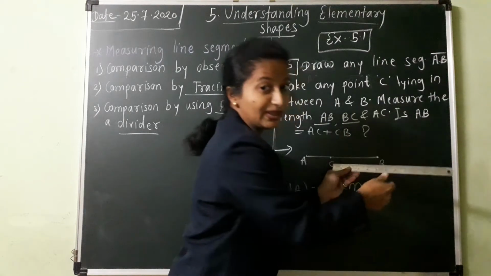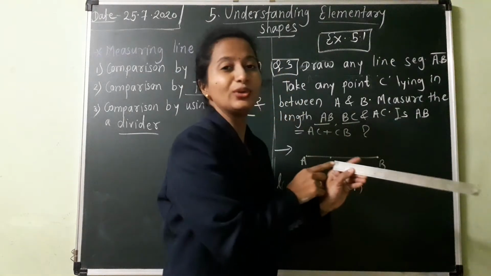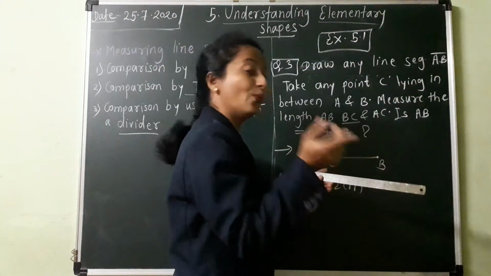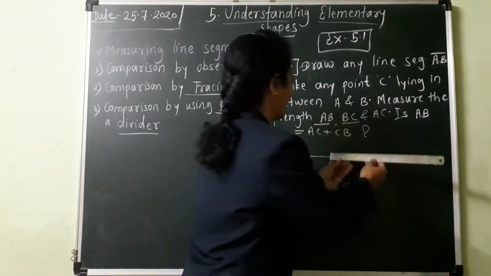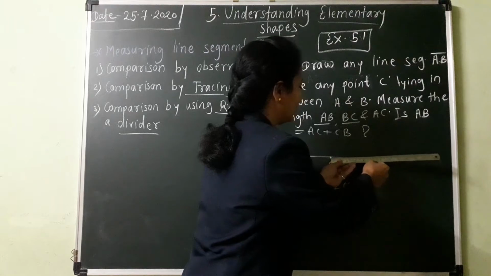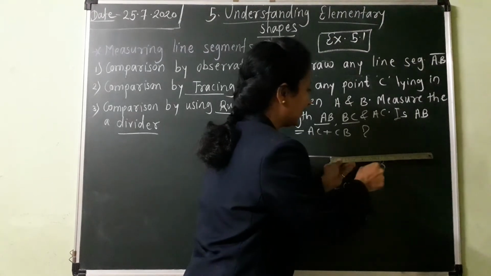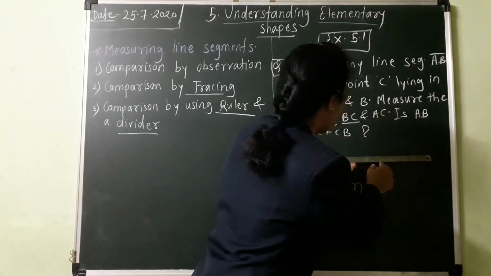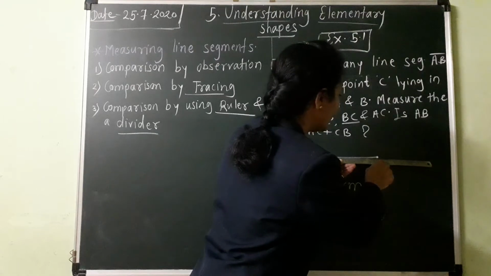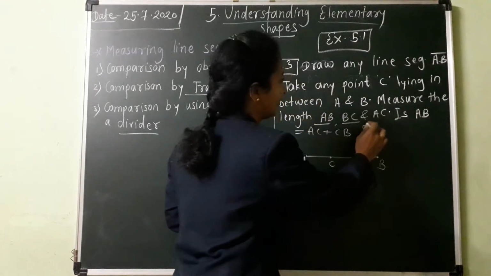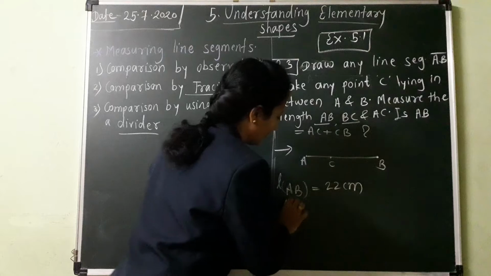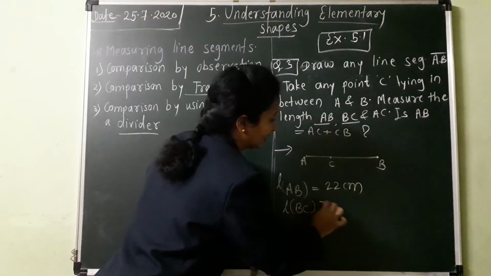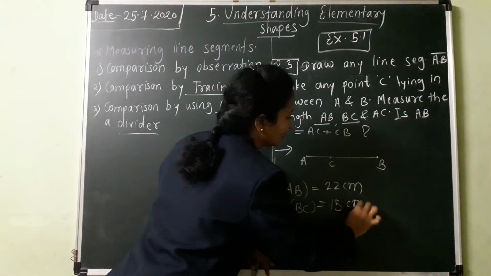While measuring the length, you have to put the 0 mark on one point of the line segment. So here the 0 mark of the ruler I have put on point C, and then B point shows the measurement is 15 centimeter, meaning length of BC is equal to 15 centimeter.